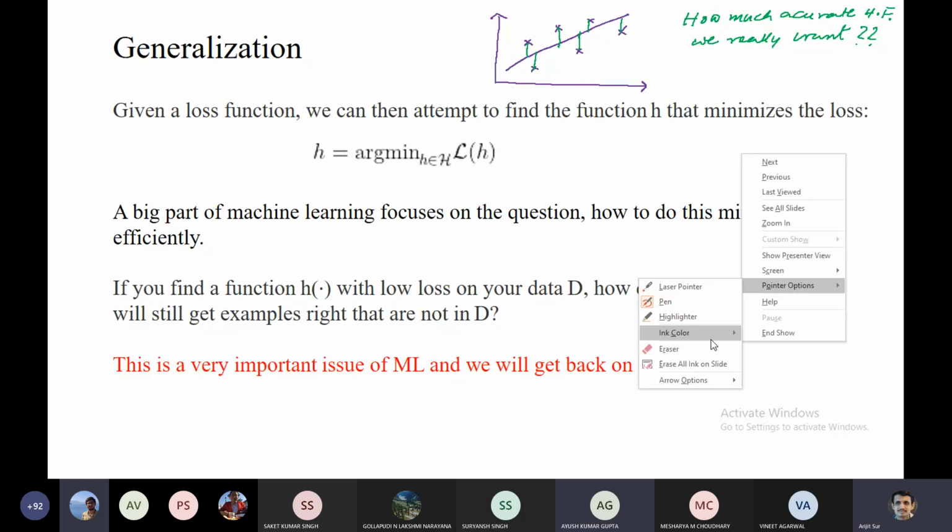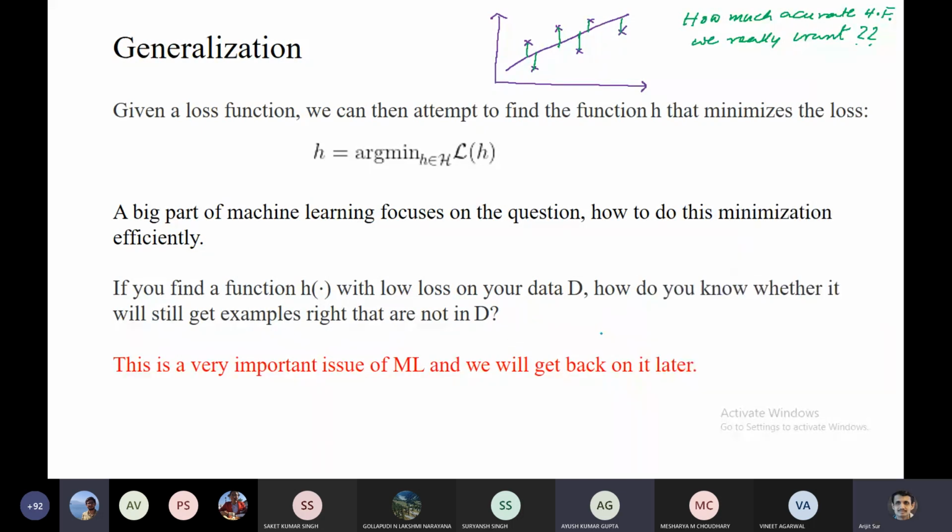We say we have some sort of curve, so our hypothesis function may be non-linear. If our function is like this, then our squared loss is very close to zero.